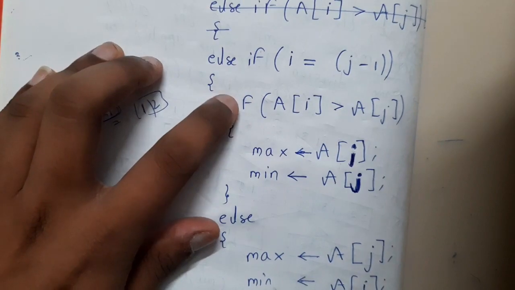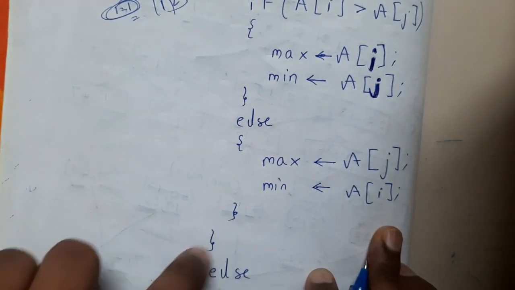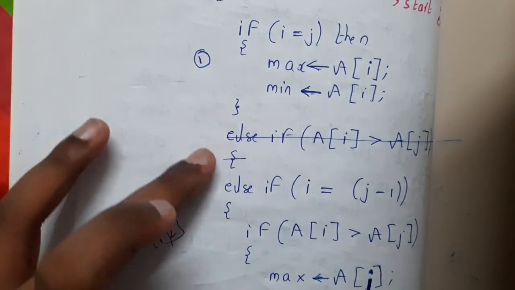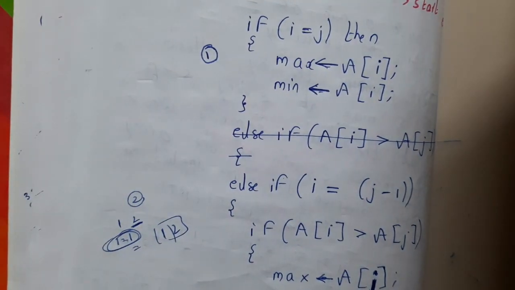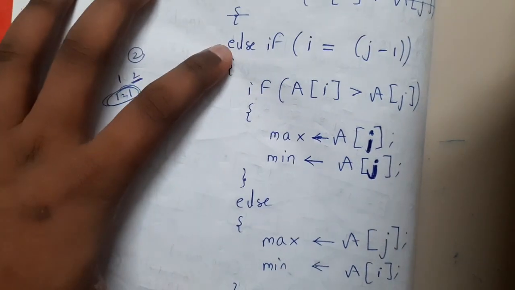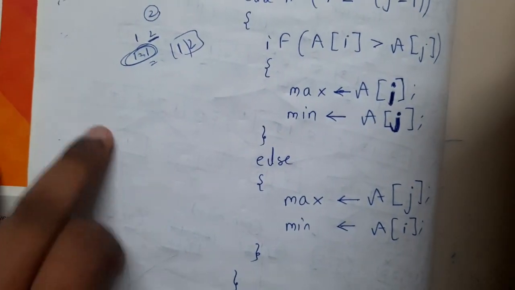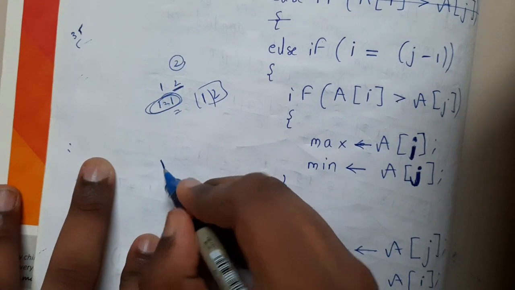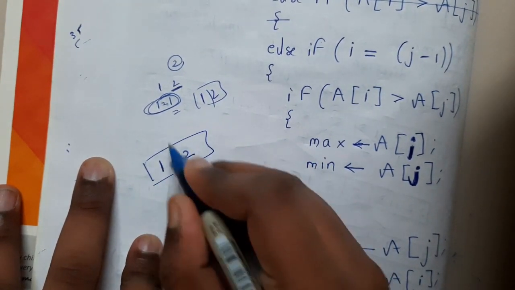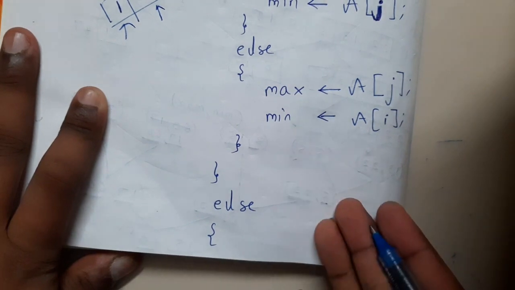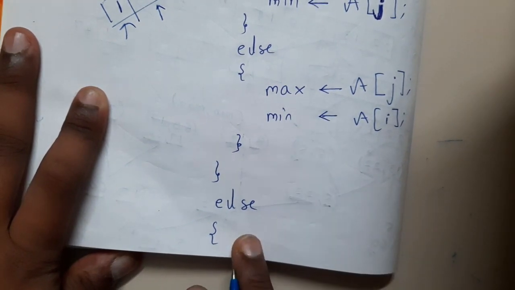If this condition is false, indirectly this will be true. This is the solution which we think of solving recursively or using for loops, right? Again and again we will be solving this kind of problem and we'll be getting the result. So if there is only one element or two elements, we will be doing this process, guys. If there are more than two elements, we'll be continuing here.